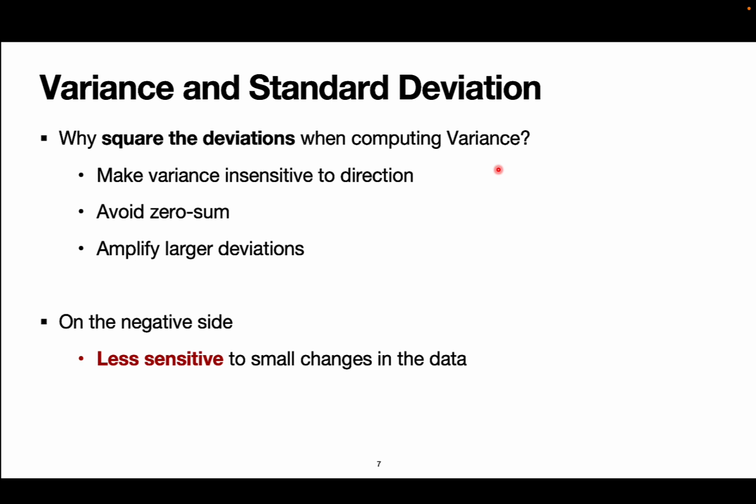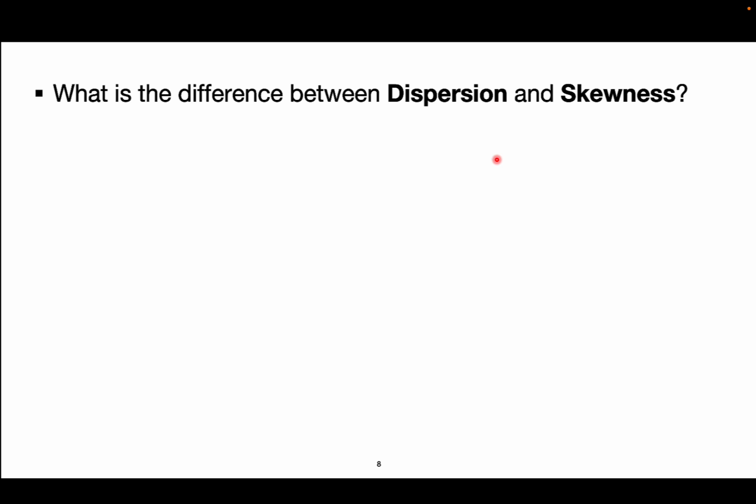However, on the negative side, if we square deviations and amplify the larger deviations, this method is going to be less sensitive to smaller changes in the data. Another question: what is the difference between dispersion and skewness?